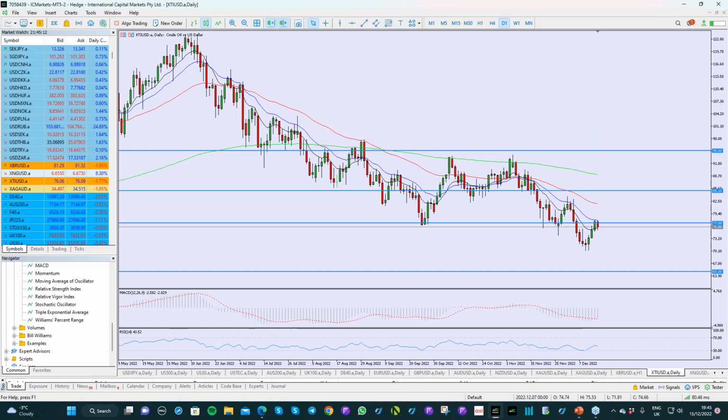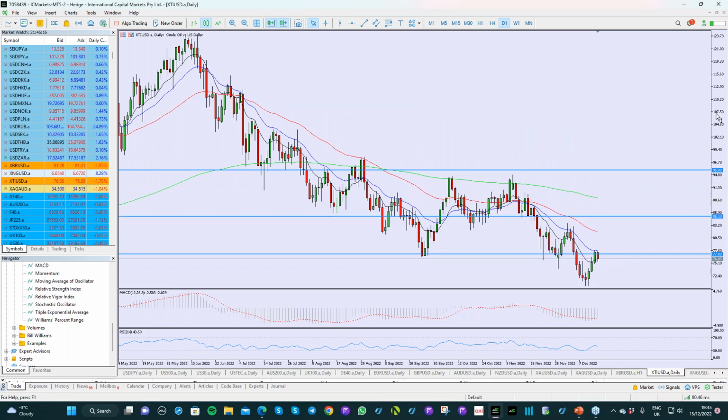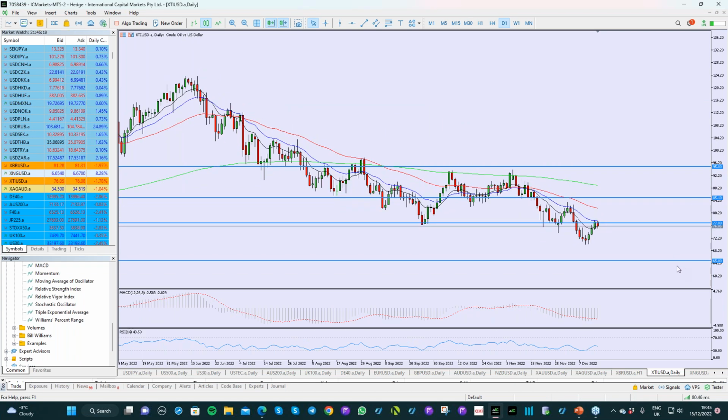So the next price target that I would have would be the $65 level or thereabouts, which gives quite a considerable reward to risk. If I just put that approximately back on there, it's at least a 3-to-1 reward to risk on a trade down to that next level at $65.